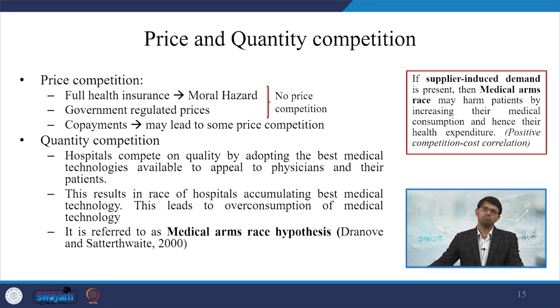Usually, as I already said, there are strong barriers to entry in most countries in the world. We start with the basic example of UK versus USA. One is mostly government or publicly controlled, and the other, the US, is privately facilitated or market oriented. Given this backdrop, does this lead to more price competition or more quantity competition?